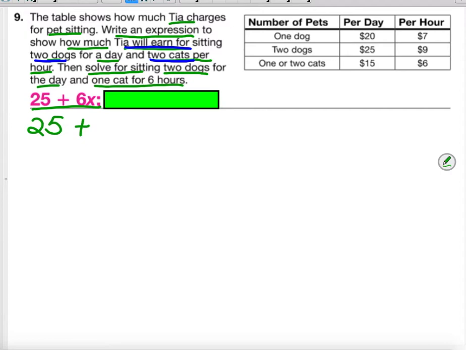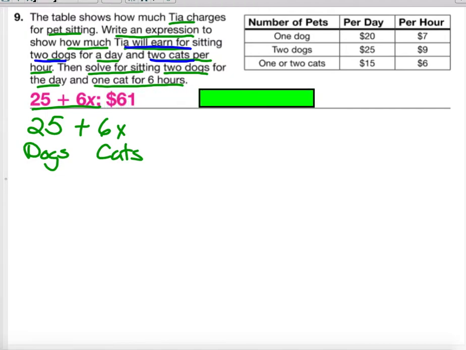So the 25 is for dogs, and the 6x is for the cats. Okay? So now all you have to do is figure out how many hours you'll be sitting for the cats and how many cats you'll be sitting in. So the value would be 61. Okay?